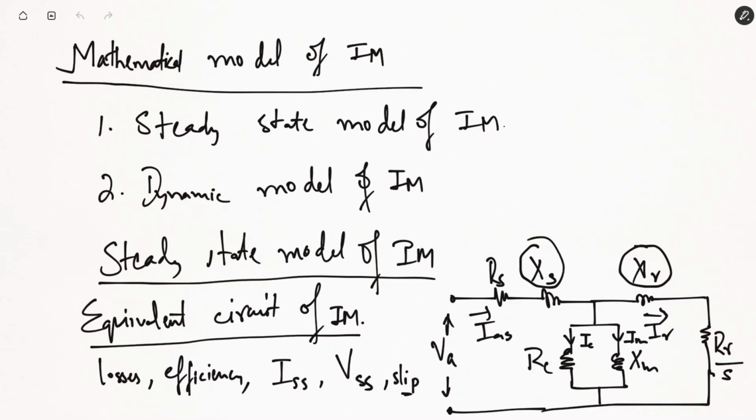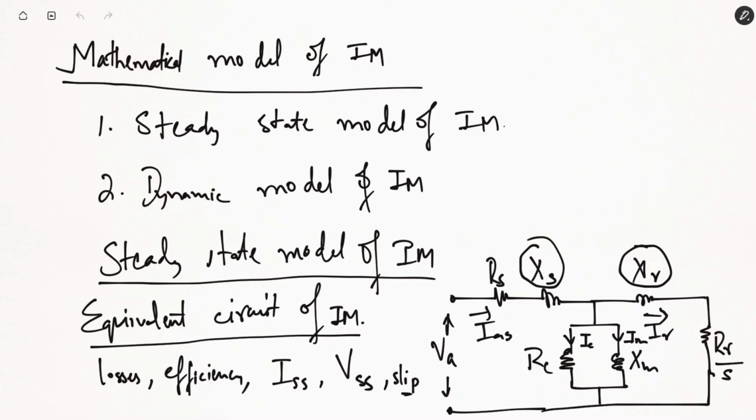So this steady state model will only give us the information related to the steady state parameters of the system, be it the power losses in the system, the efficiency of this system, the voltage, the current, the torque produced by this equivalent circuit, the speed produced by these steady state values of currents, etc. So only the steady state information is provided by this equivalent circuit of induction motor.